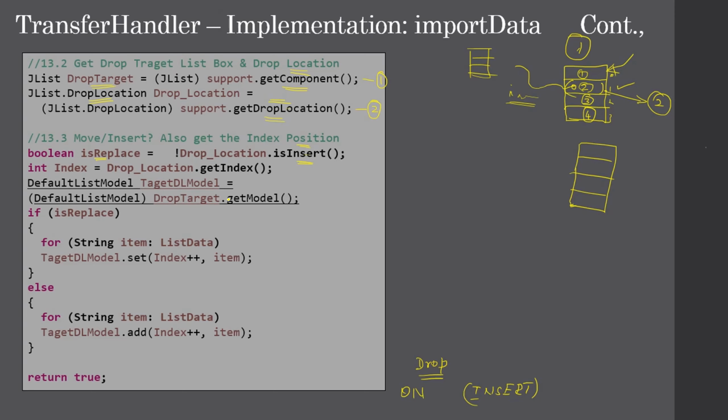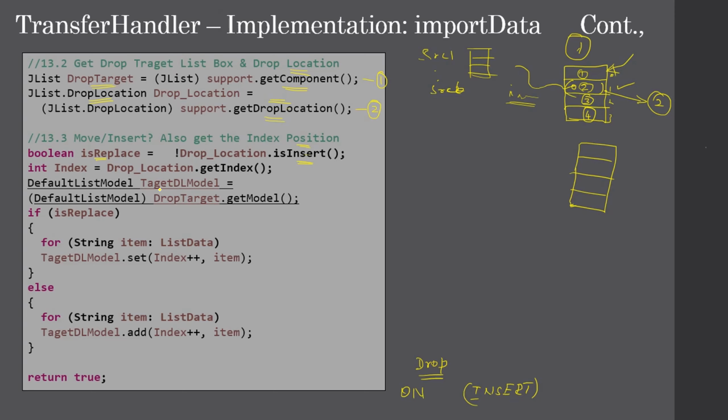After that, we need the list model. We know that for the JList we already created two default list models, with SRC1, SRC2 through SRC6, which we created in the first or second video. Then for the target location we have similar 6 items. Using add element we added that data into the default list model.